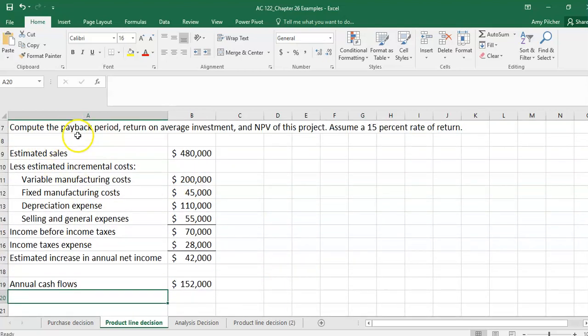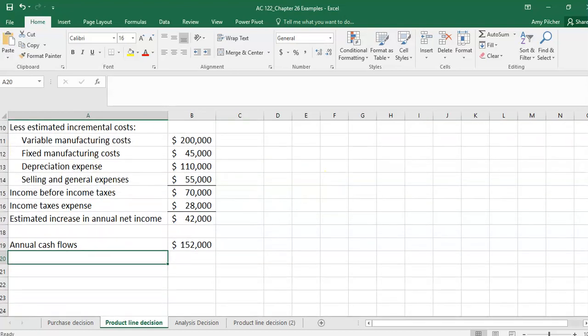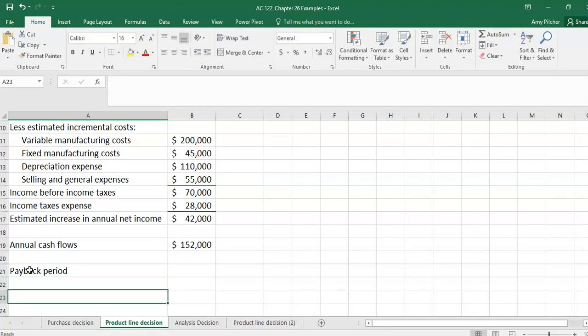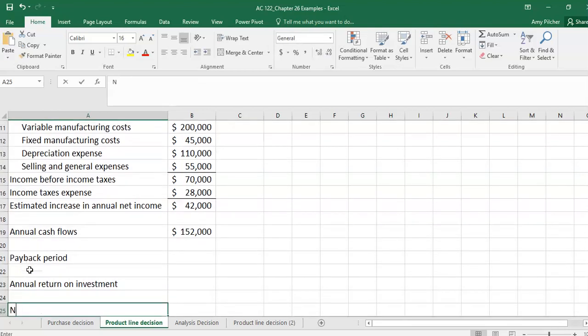Here we're asked to compute the payback period, the return on average investment, and the net present value of this project. So we have payback period, the annual return on investment, and the net present value.